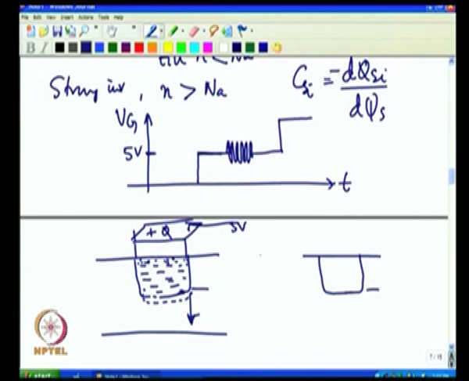So, all that has happened when I went from DC 5 volt to DC 5.5 volt, I had dumped that extra positive charge, but I gave enough time and hence a large number of electrons got generated here, and I have reached again a new steady state wherein the depletion width is still same, and now I apply a small signal.